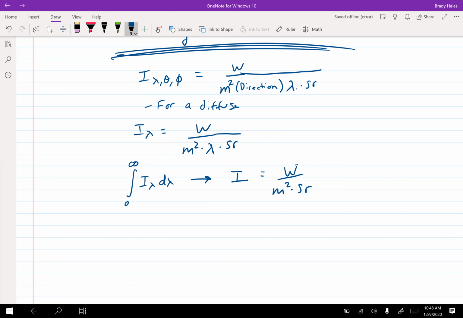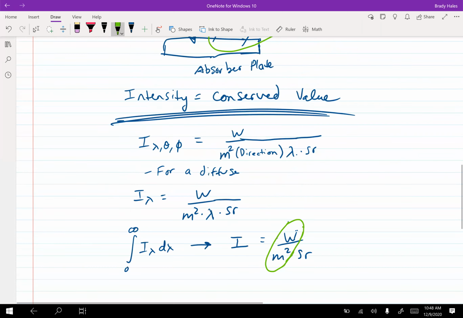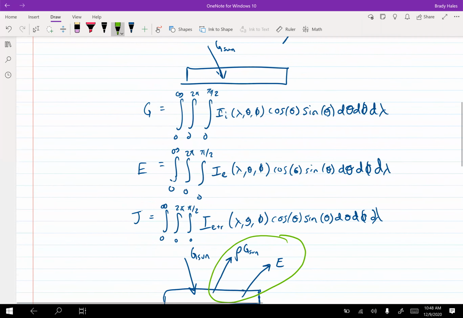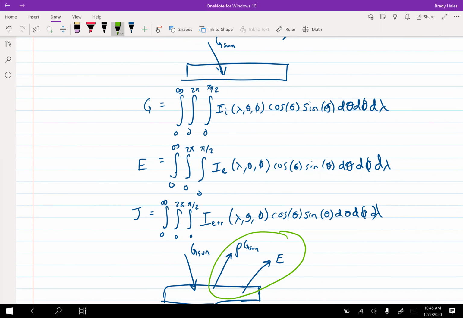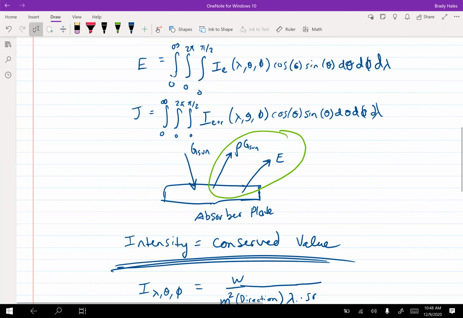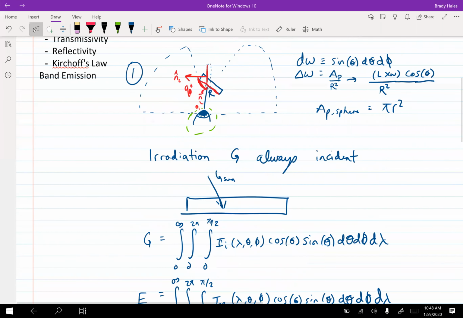So here you can see that in order to get a flux, these are the units of our G, J, E, which all include an I term in the integral, we have to multiply by a steradian, essentially multiply by a solid angle. So G is incident, E is emitting from the surface, and J is simply whatever is reflected and emitted combined.